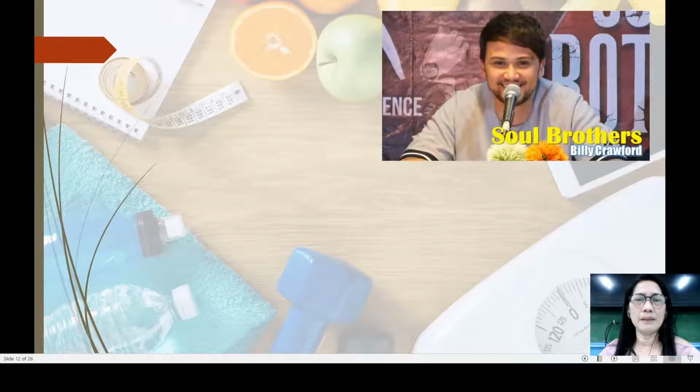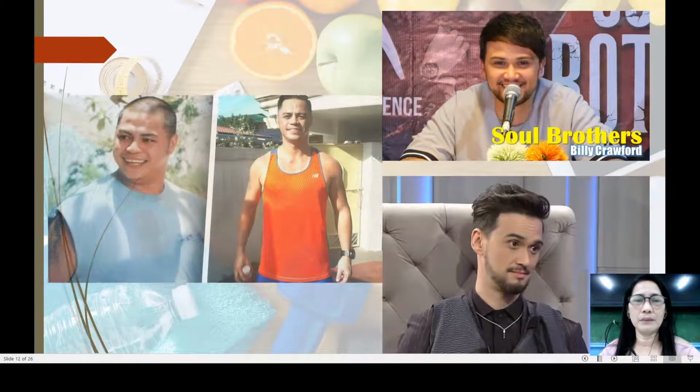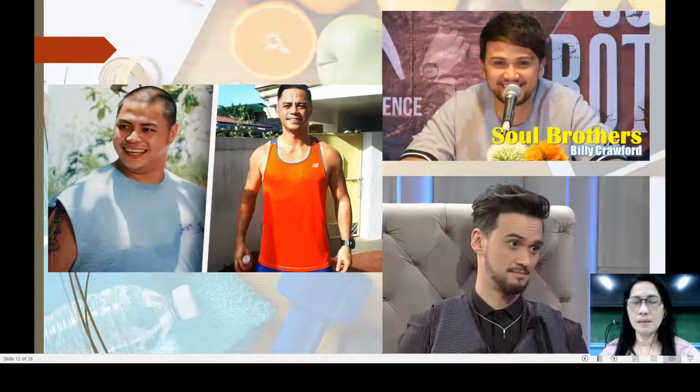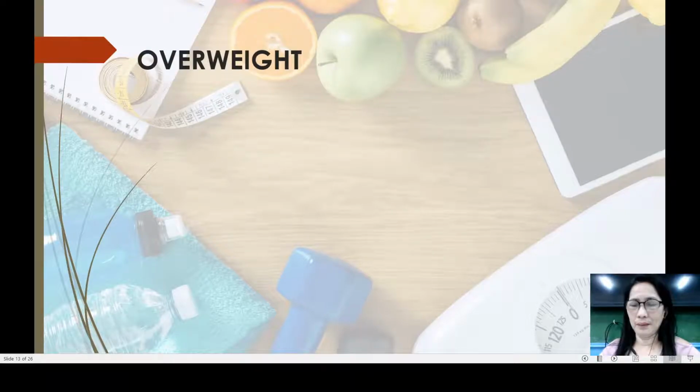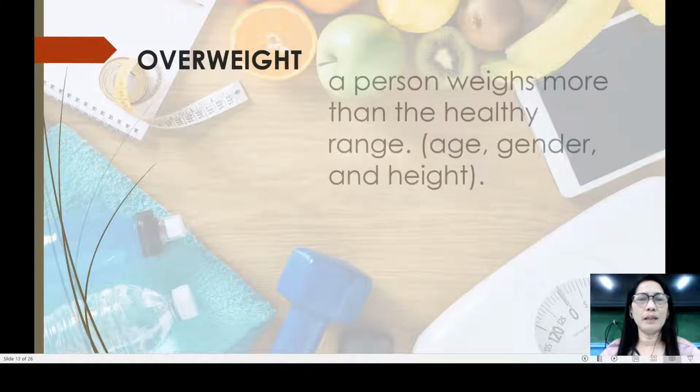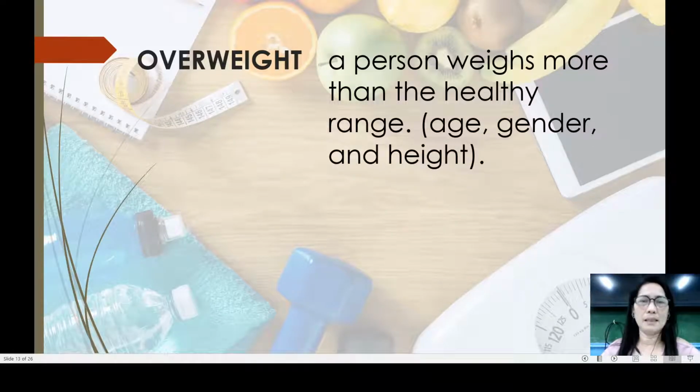Another example, ayan, si Billy Crawford and si Bailey Myrus. They are overweight dati, pero dahil nag-change sila ng lifestyle, kaya minanage nila ang kanyang weight. Okay? So, dati silang overweight, ngayon ay nasa normal weight na sila.